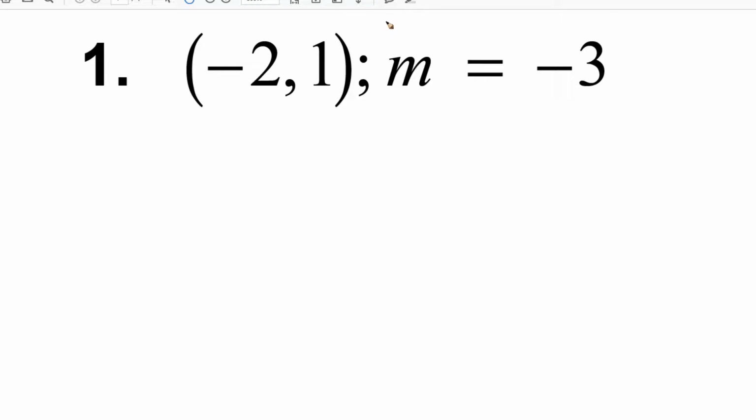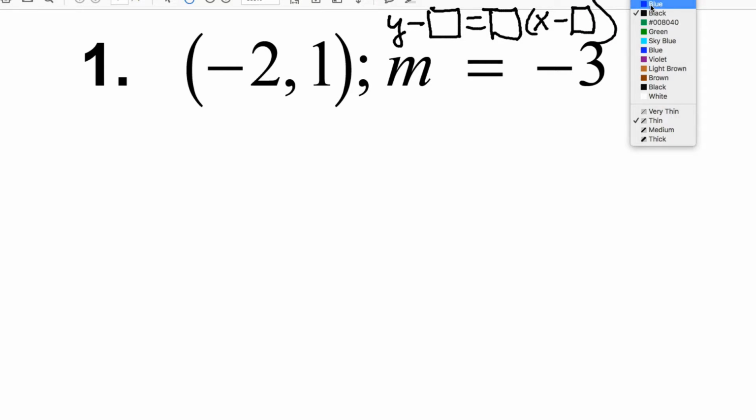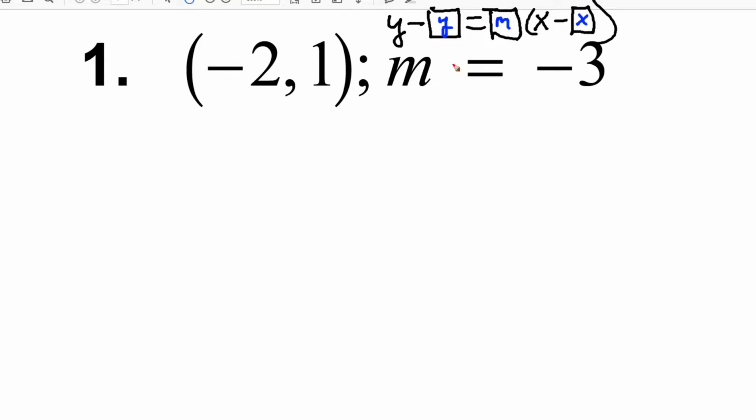So number one, and again I'm just going to write that up here, y minus, and this is our y value, equals our slope times x minus our x, where this is y, m, and x. So let's go ahead and go through and plug this in. We have y minus, and right here we can see we're looking for our y value.